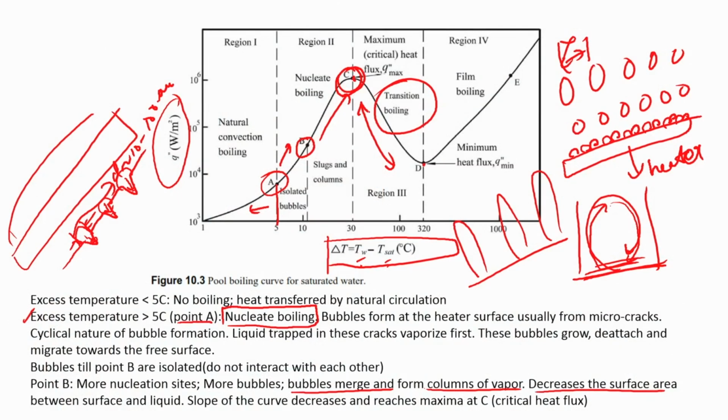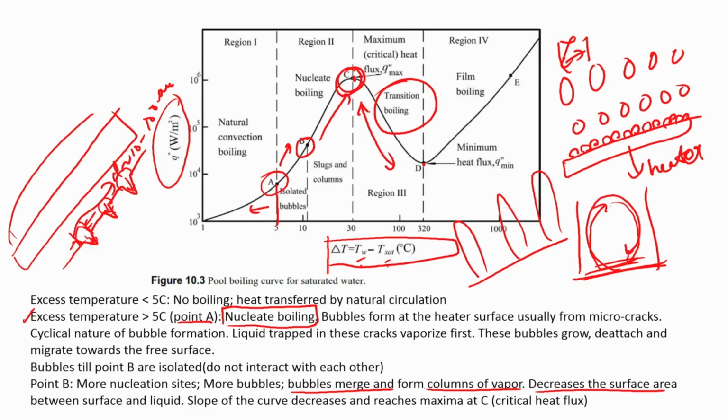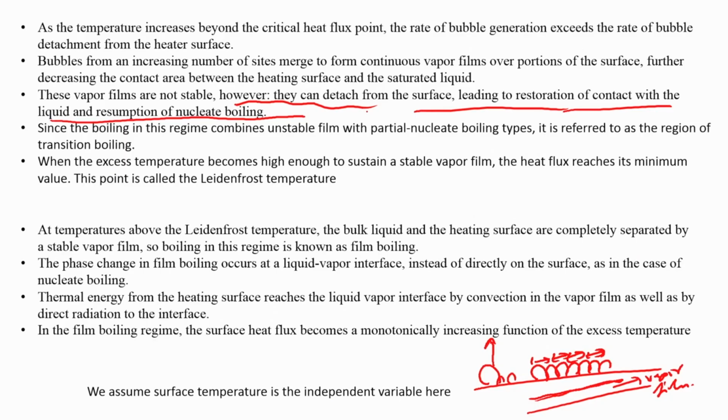Now, this film may not be stable all the time. Sometimes this film gets detached, fresh liquid comes and wets the surface and you get nucleate boiling. Sometimes this film acts as a cushion, preventing the liquid from coming in contact with the surface. That leads to a decrease in the corresponding heat flux values because of the formation of this vapor film.